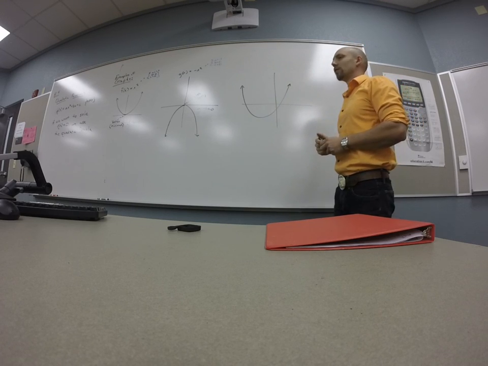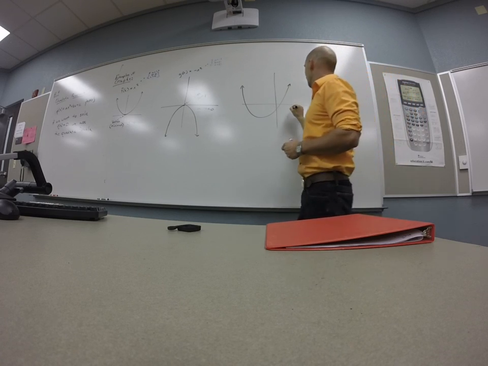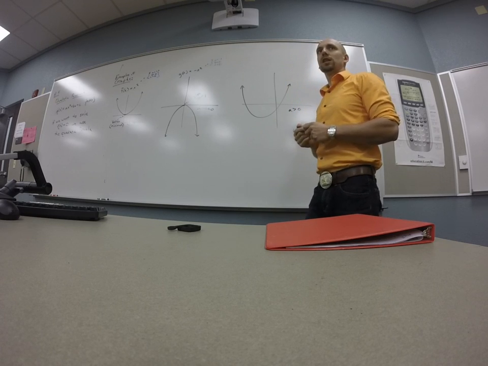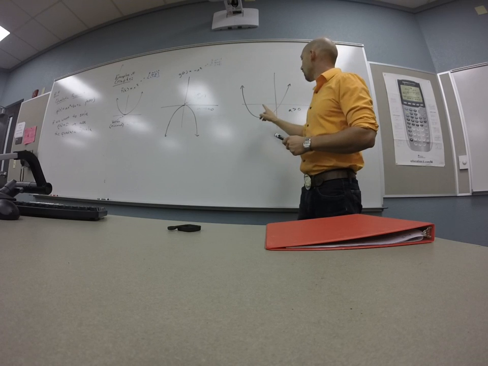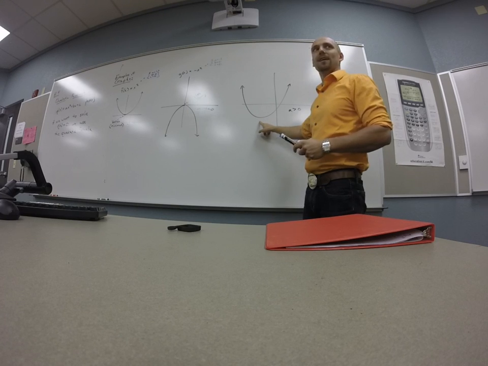What do I know about this one? It goes up, so what's the A? Yeah, A is positive. You guys see that? I don't need to know anything else about this. I know that if the A is positive, what do I know about the vertex? The vertex is a minimum.